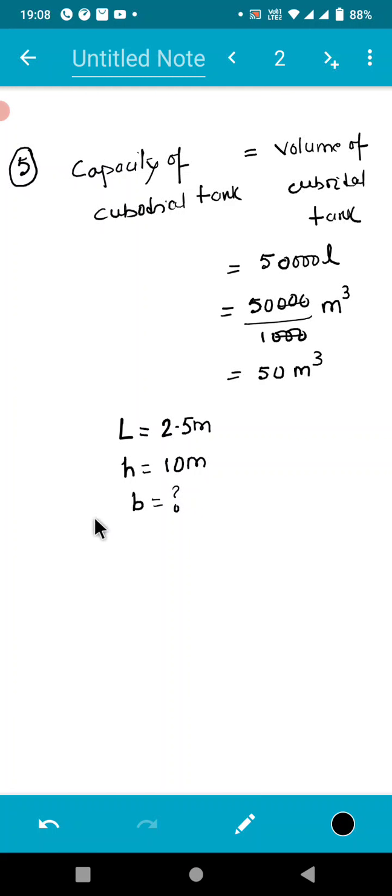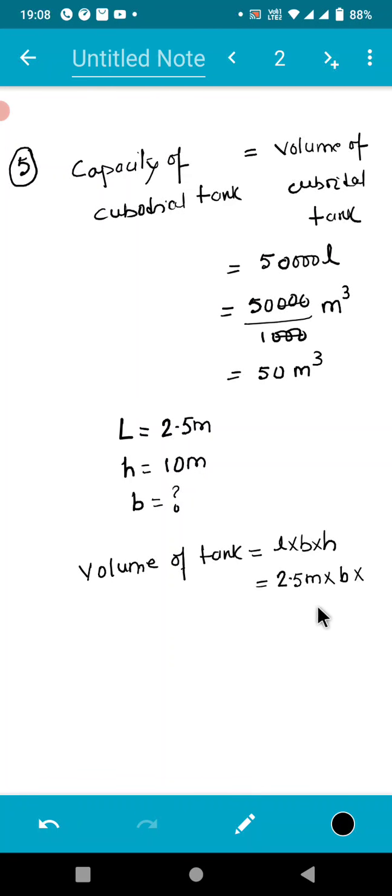So now what would be the volume of the tank? Volume of tank would be equals to volume of cuboid, isn't it? Now we'll substitute the values. That is 2.5 meter, breadth we have to find out, so b, and h is 10 meter.